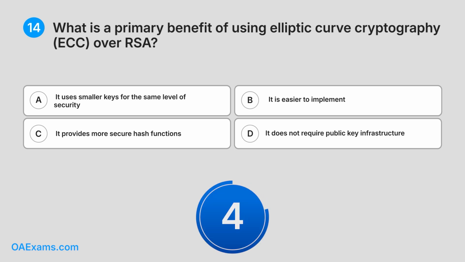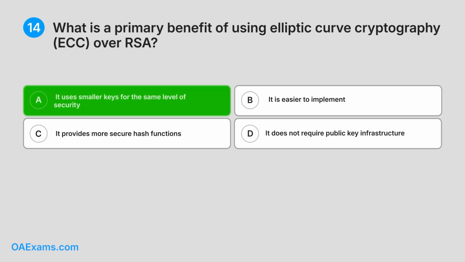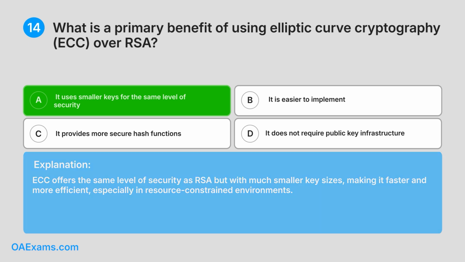Do you know the answer? Correct answer: A. It uses smaller keys for the same level of security. Explanation: ECC offers the same level of security as RSA, but with much smaller key sizes, making it faster and more efficient, especially in resource-constrained environments.